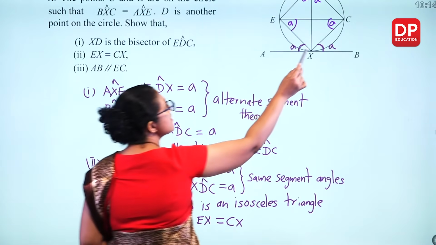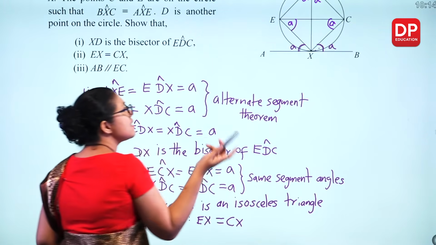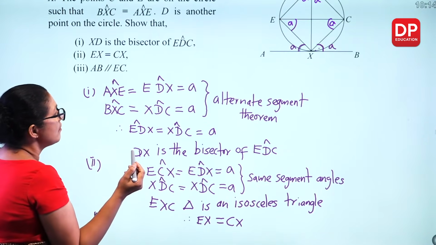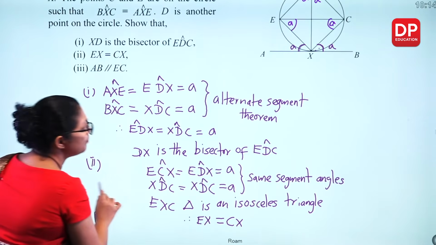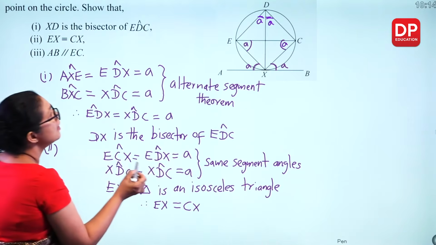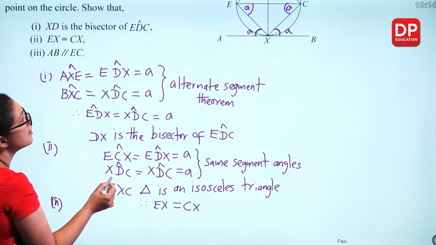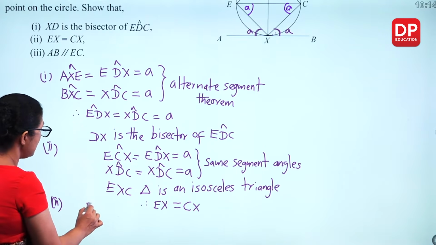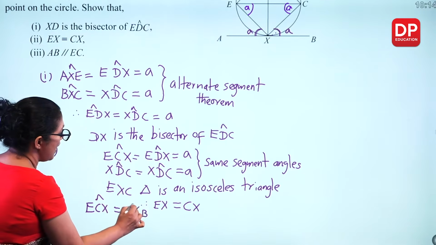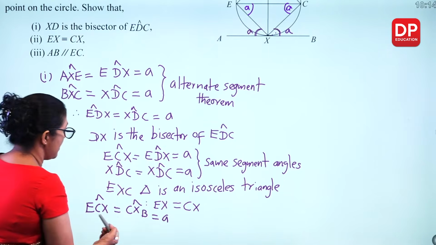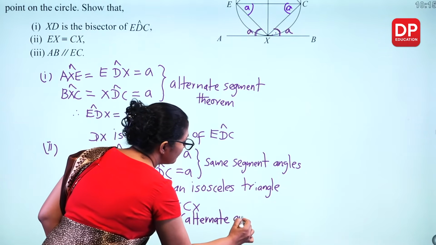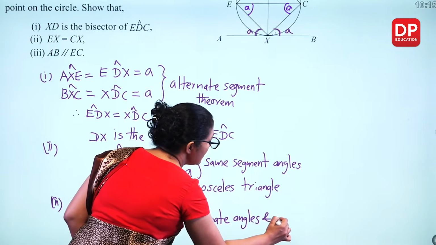So we can see that this angle and this angle are equal. Alternate angles are equal means the two lines are parallel. So according to the diagram, we see that ECX angle and CXB angle both are alternate angles and equal.